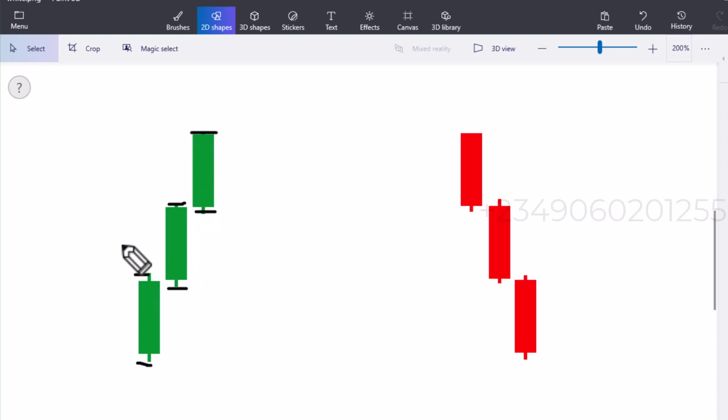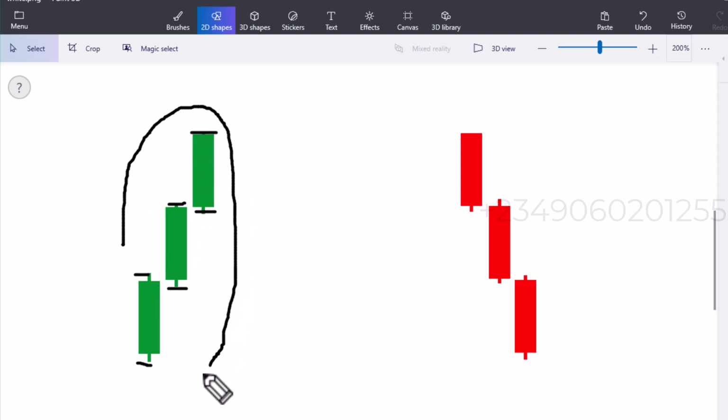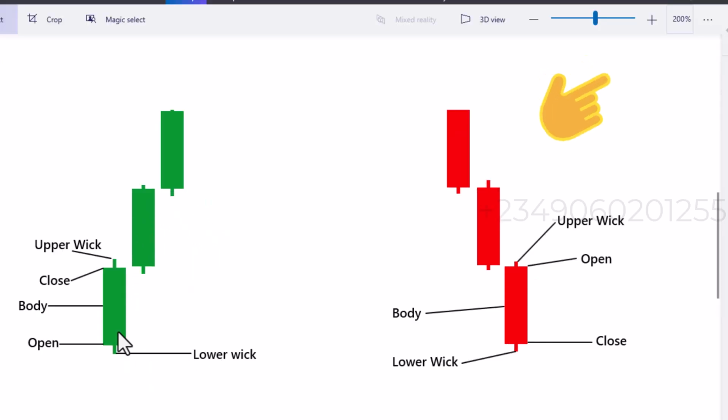If you do not know the psychology and the anatomy behind the formation of Japanese candlestick patterns, I strongly advise you to check the description of this video to start your journey in the art of reading Japanese candlesticks, because you cannot escape the foundation.